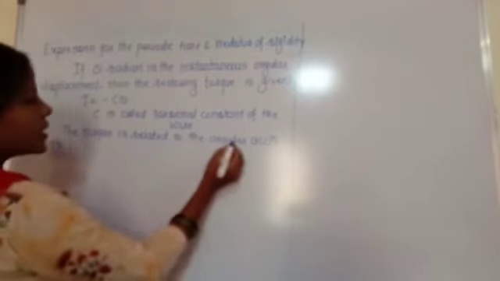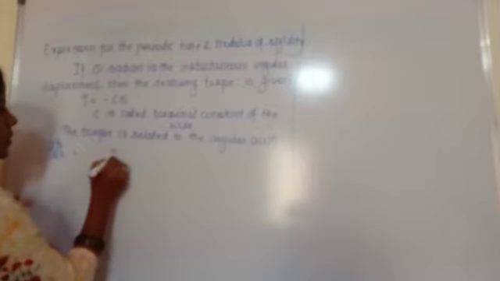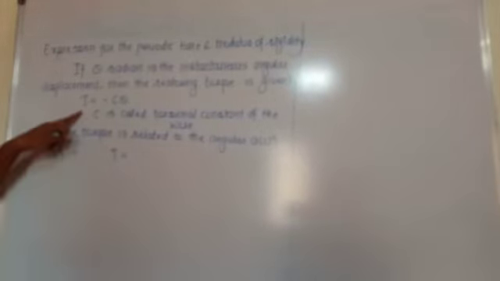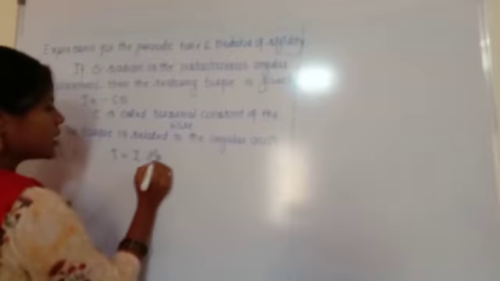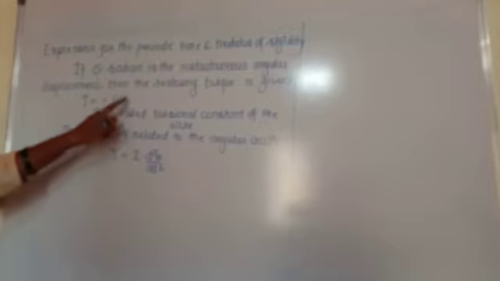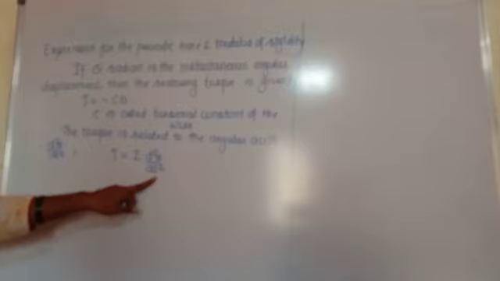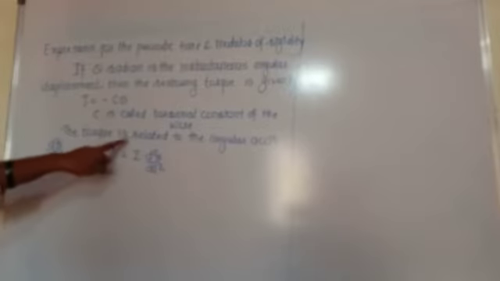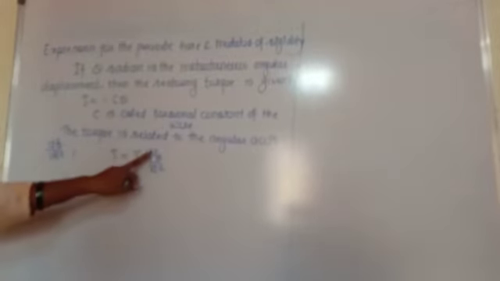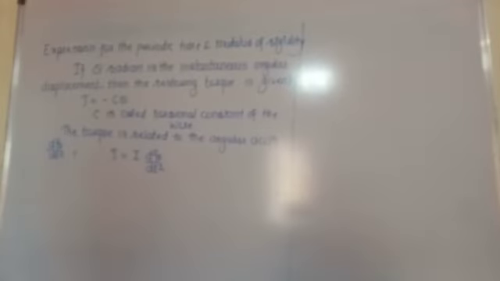So this torque is also equal to I into d square theta by dt square. Means this torque is related to the angular displacement and also to the angular acceleration. So the relation between the torque and the angular acceleration is torque equals I into d square theta by dt square.